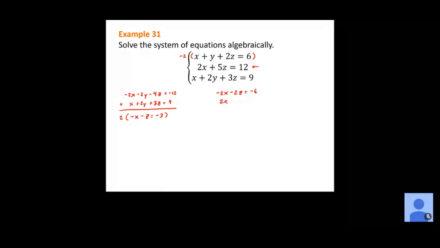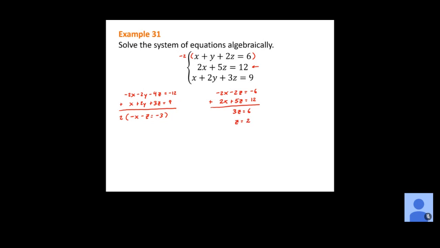And match that up with the second equation, 2x plus 5z equals 12. And now I'm going to add those two equations together. When we do that, what's that going to give us? Good. 3z equals 6, which means that z is equal to what this time? +2. Good. Any questions up to that point?